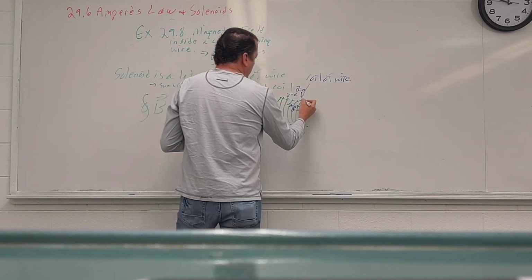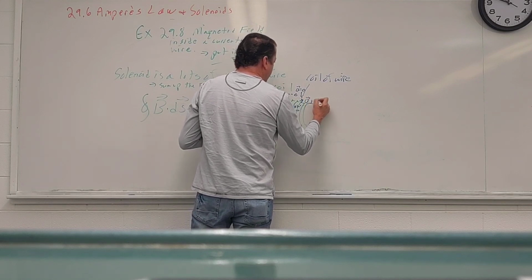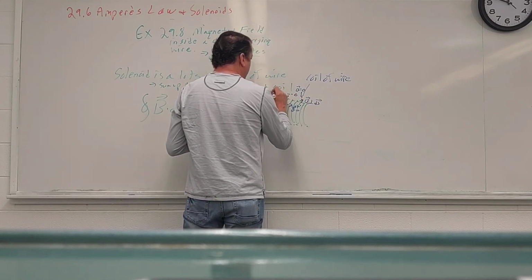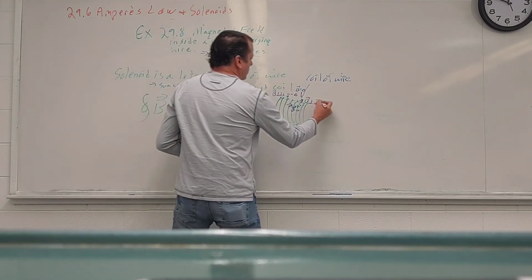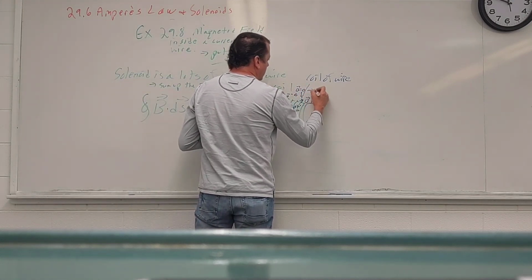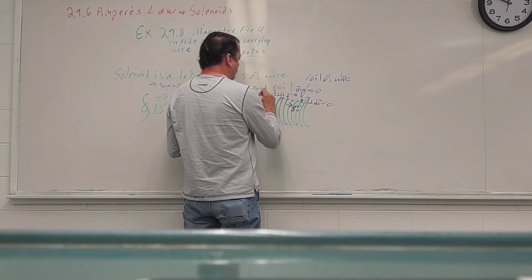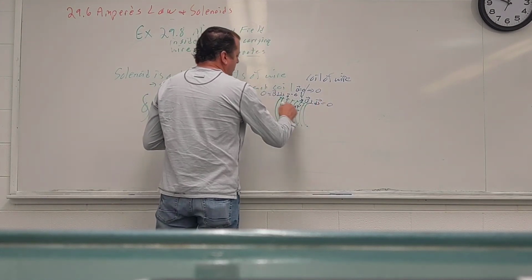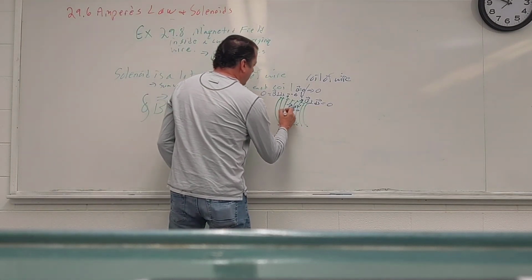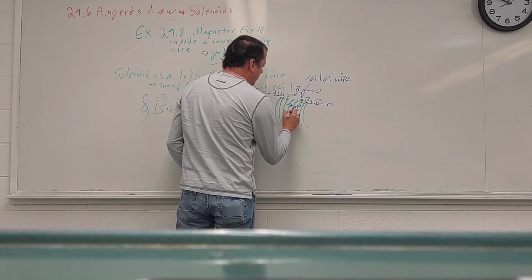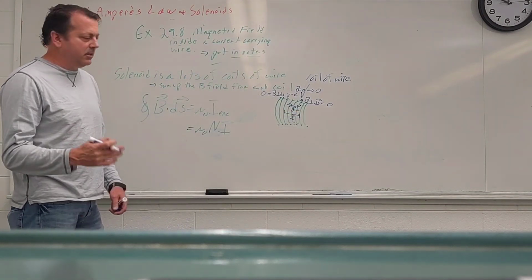And here, B is perpendicular to ds on the sides, so you have 0 effect on your path. Really all that matters is here, however long, we'll call that little L, that path is.